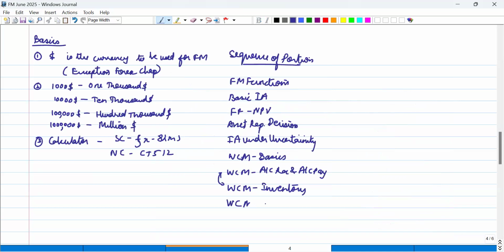Then I do working capital management, cash and receivables, correct? So working capital done. Then generally I start with cost of capital, correct? Cost of capital.